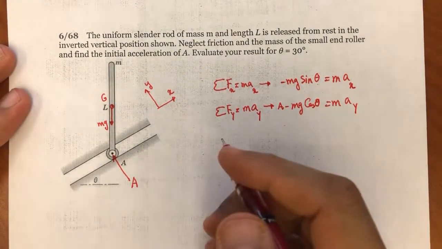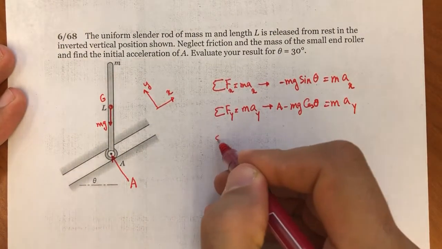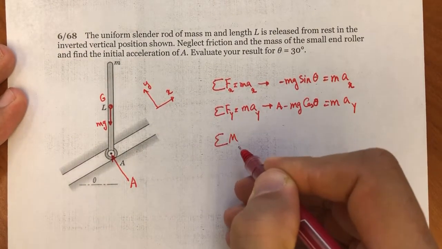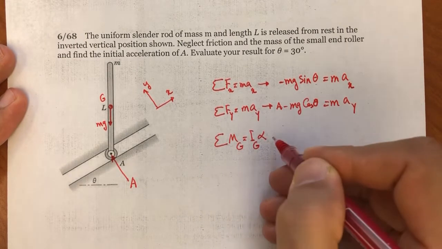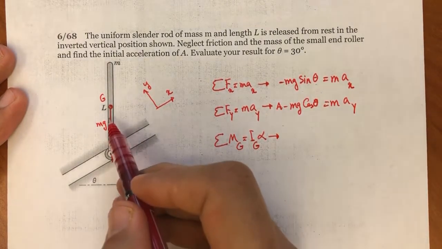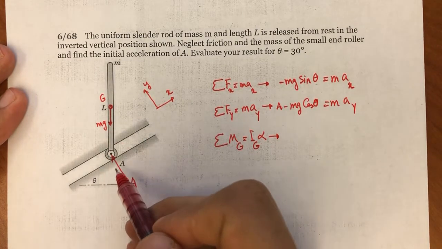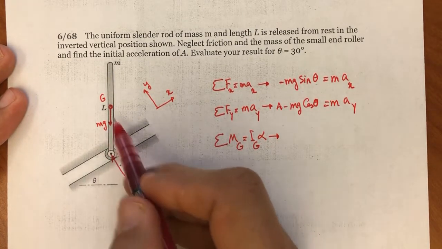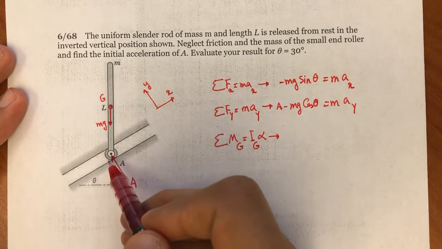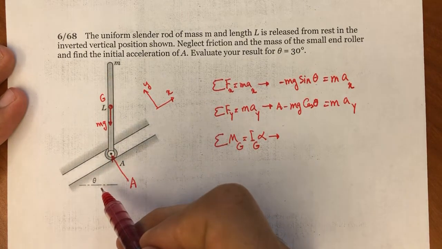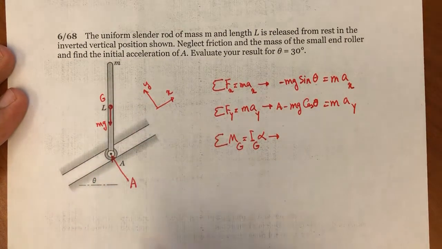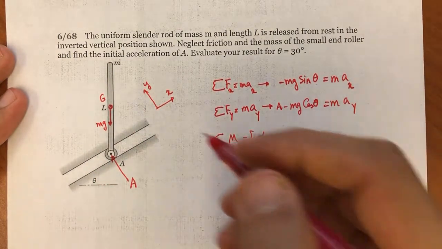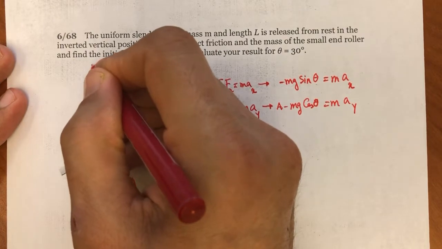And also the other Newton equation is sum of the moments about the centroid is equal to Ig times alpha. mg doesn't make any moments. A is gonna make a moment with the magnitude of A times half of L times sine of theta. And also the direction of the moment is gonna be clockwise. So let's assume counterclockwise is positive.